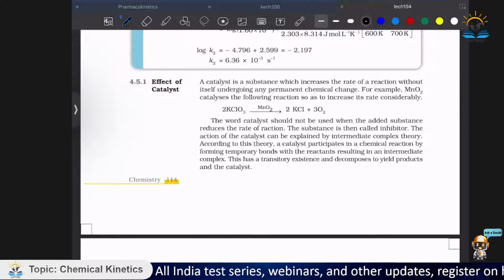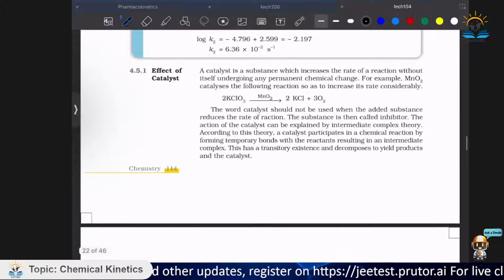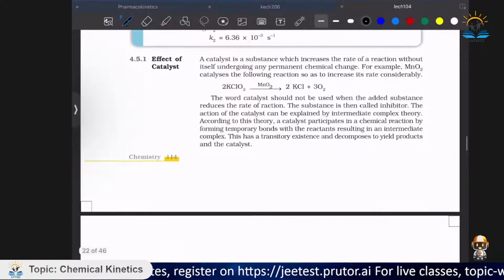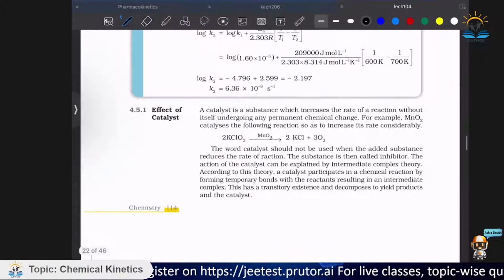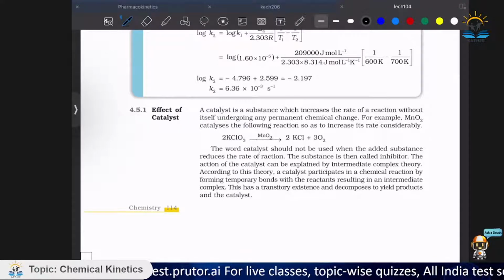Some common mistakes that are made here is people assume that catalysts alter the equilibrium, that they make it favorable for the product. No, the catalyst does not involve itself with the equilibrium itself. It is just involved in the speed of the reaction. So attaining equilibrium becomes faster if you use a catalyst.